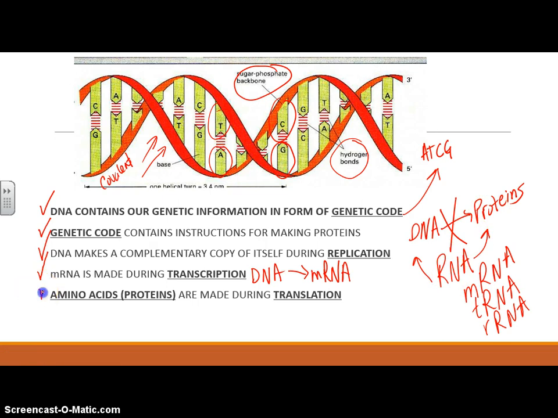Remember, amino acids are the building blocks of proteins. So eventually, we're going to take this RNA that we made and we're going to make proteins out of it, or amino acids. That process, which we're going to learn about a little later, probably tomorrow, is called translation. Okay?